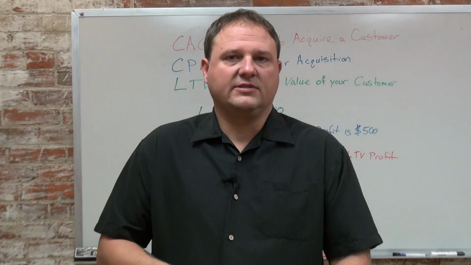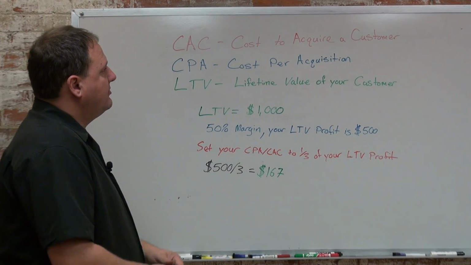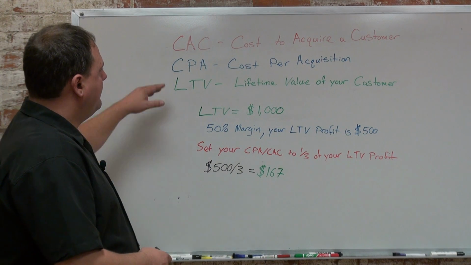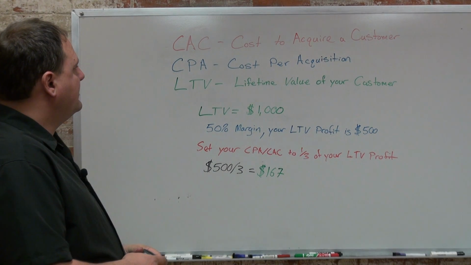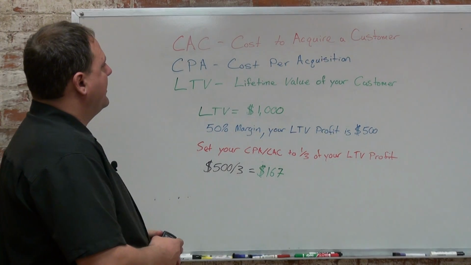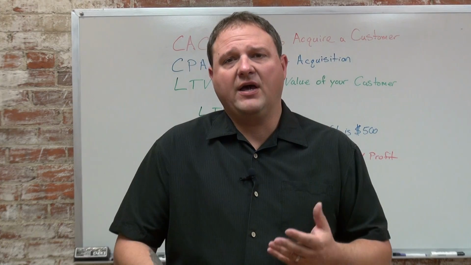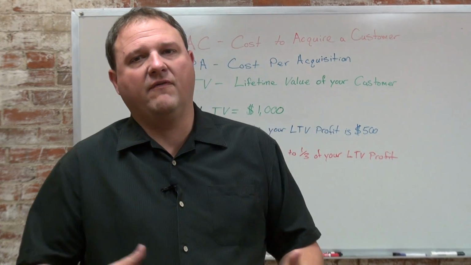So let's just go ahead and dive in. CAC, cost to acquire a customer. CPA, cost per acquisition, and LTV is the lifetime value of your customer. So lifetime value of your customer is what they pay over the lifetime.